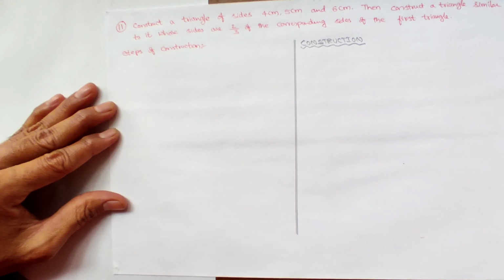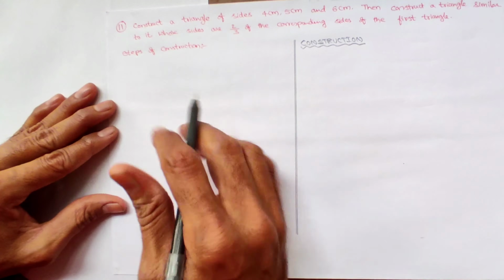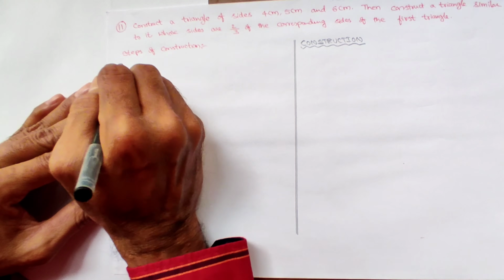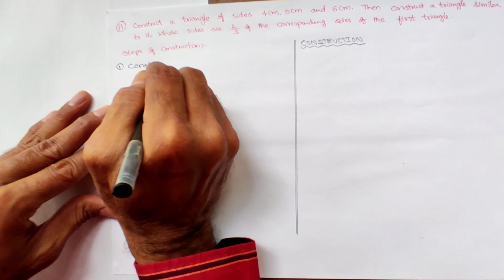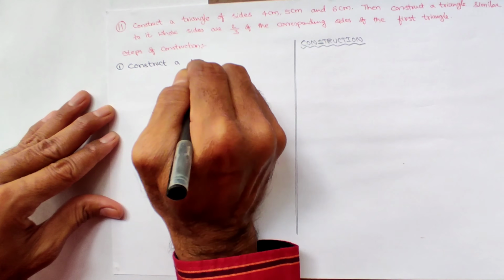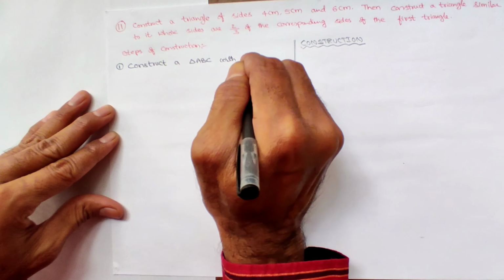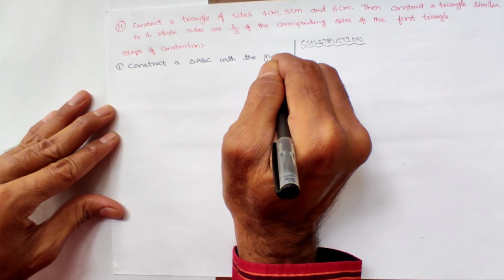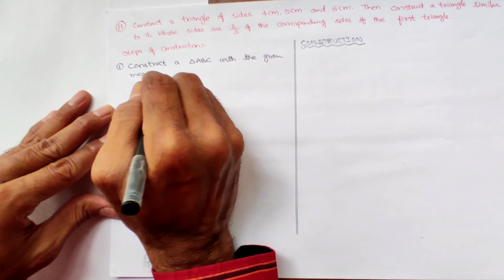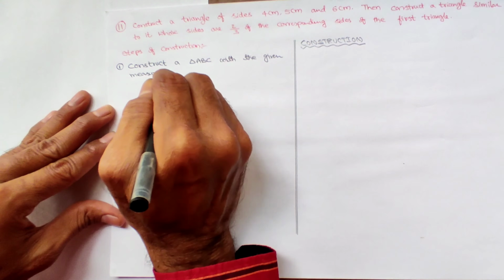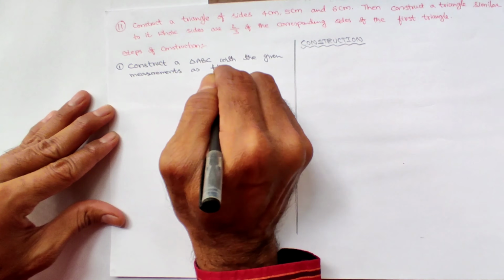Let us start now. The first step is construct a triangle ABC with the given measurements as follows.